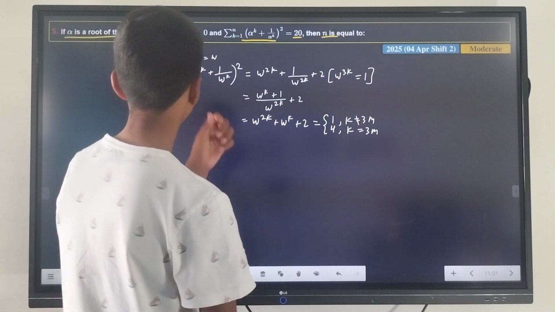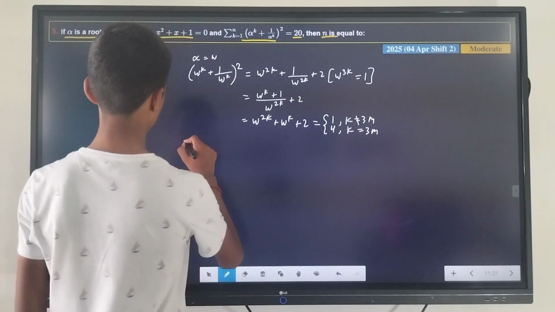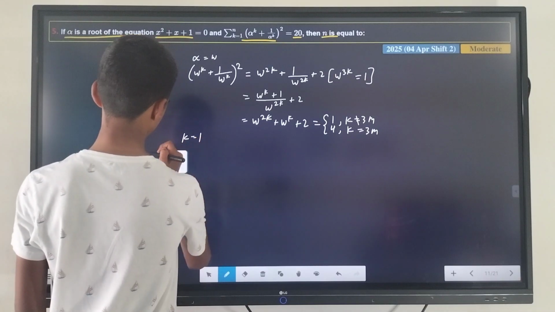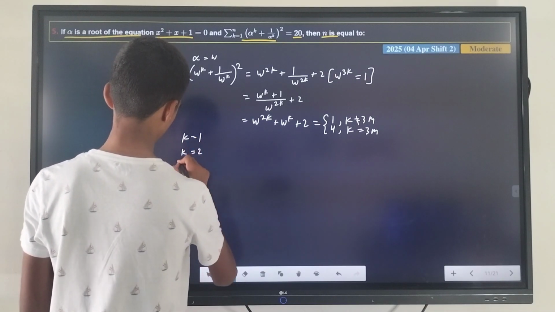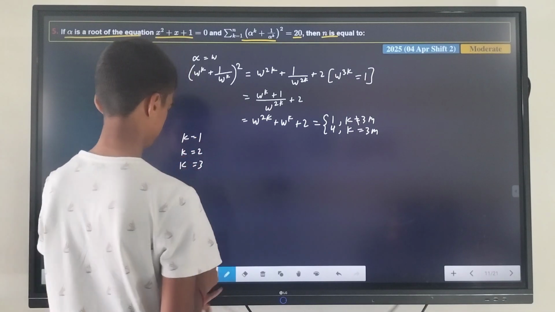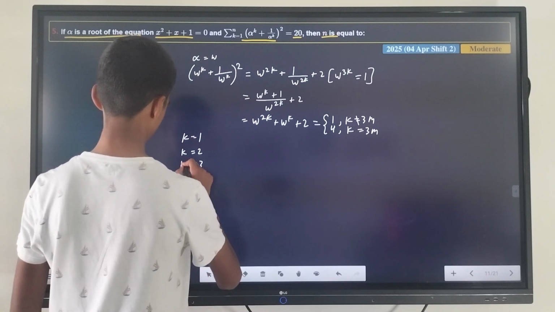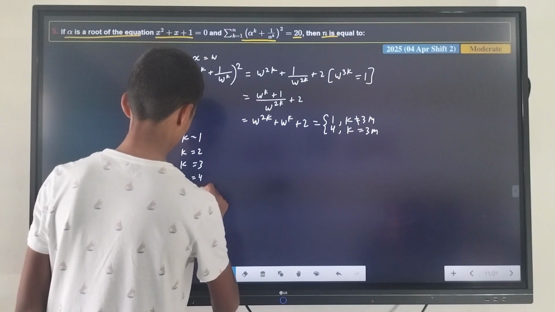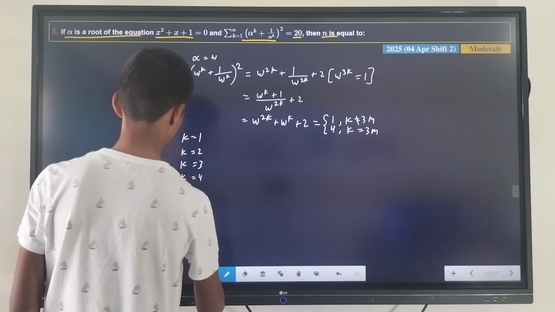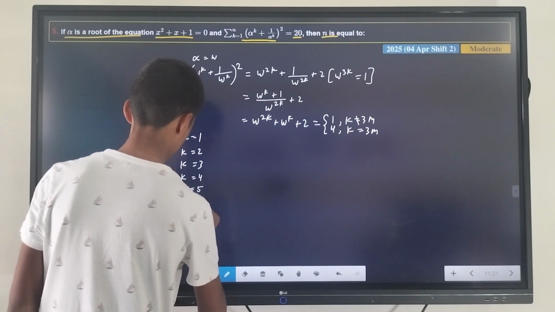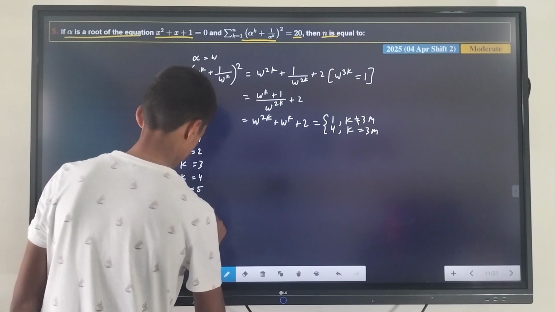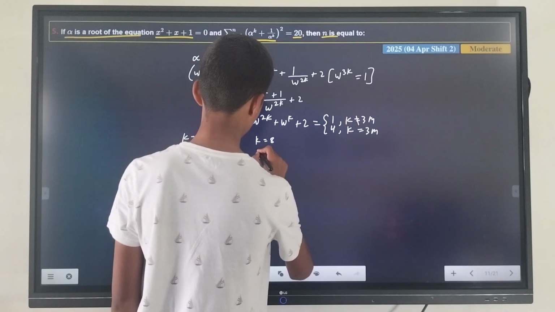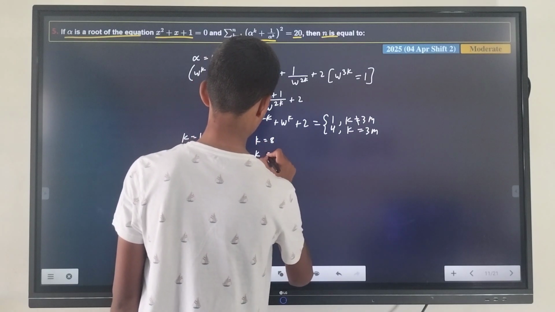So to find the n, let's start putting k is equal to 1, 2, 3, 4, 5, 6, 7, 8, 9.